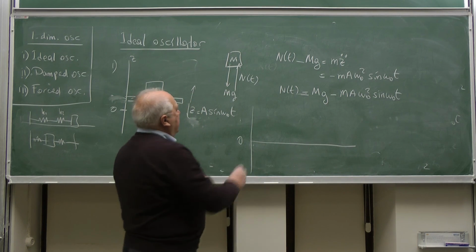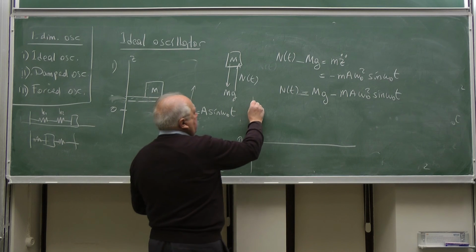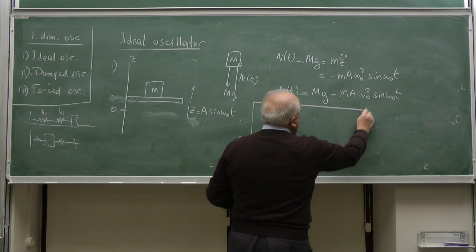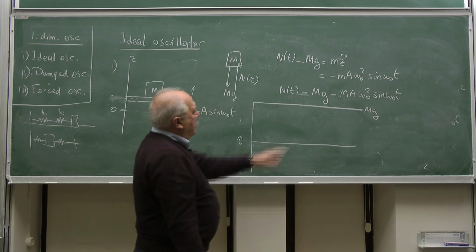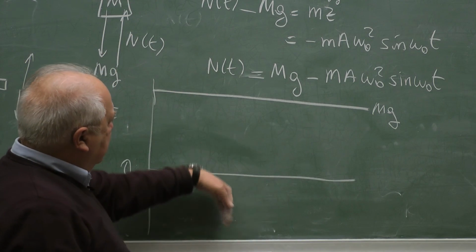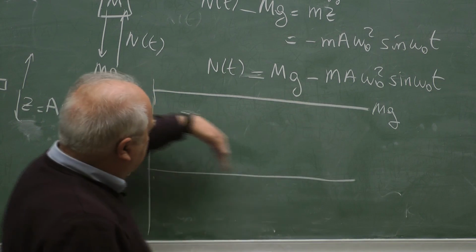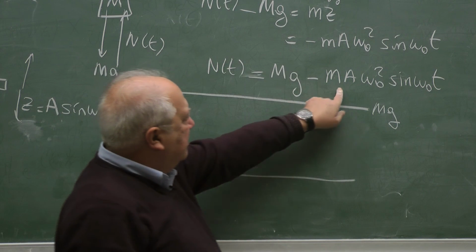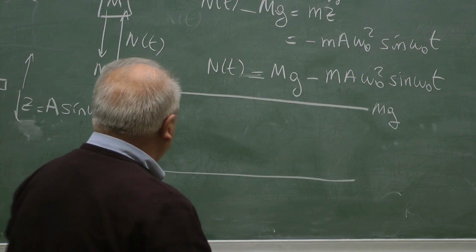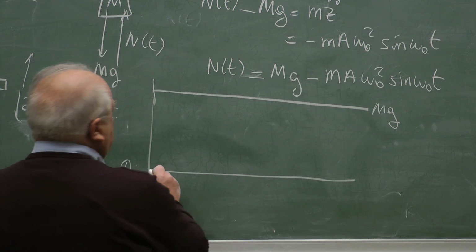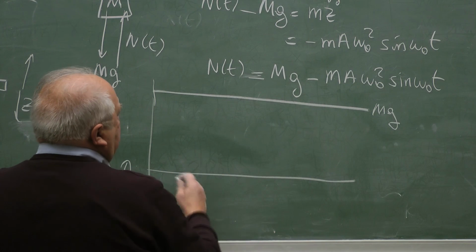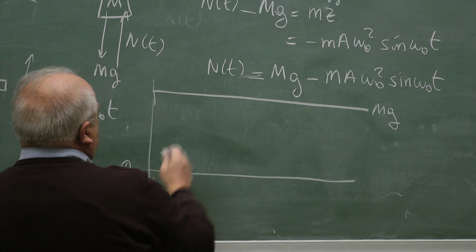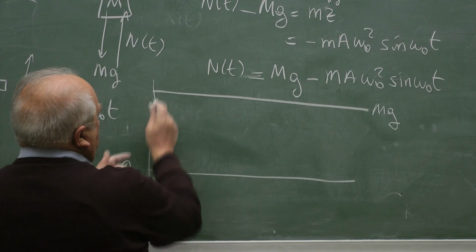So mg is a constant force. Sine omega t goes this way, and minus sine omega t goes that way. You are multiplying it by minus ma omega 0 square. So it is here. And once we are adding, we are really shifting the position of 0 up to here.